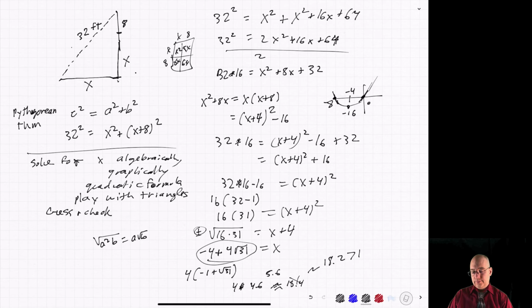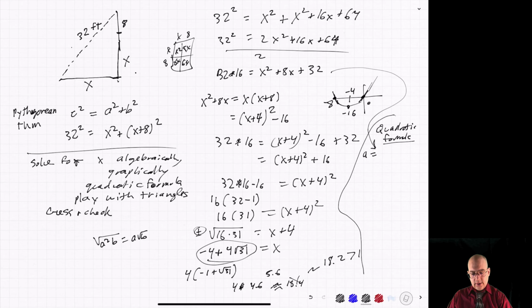Alrighty. And now, in terms of if I wanted to use the quadratic formula, by the way, let's say we'll use this one. So A here is 1, B is 8, and C is 32 times 16 minus 32.